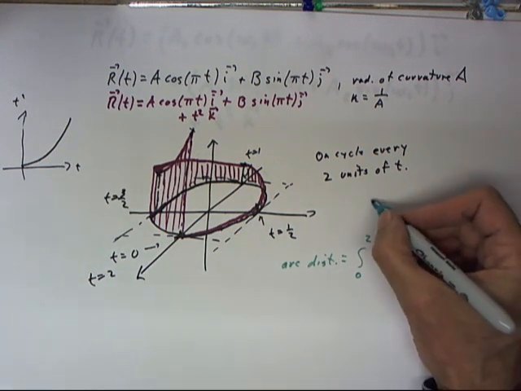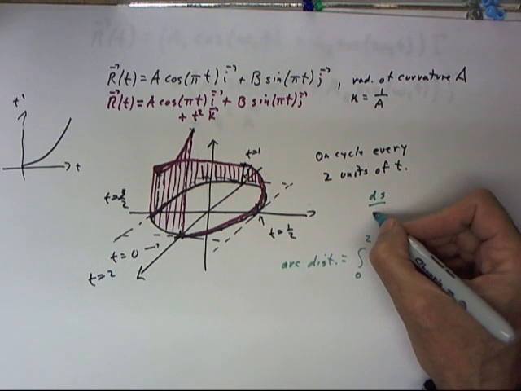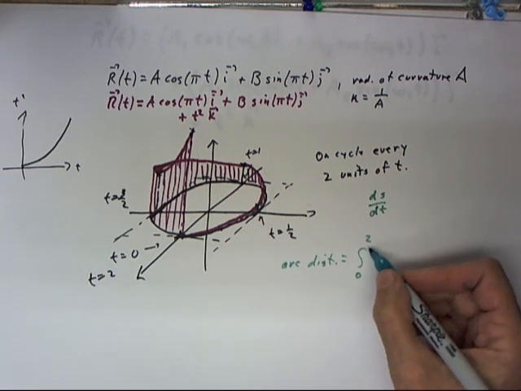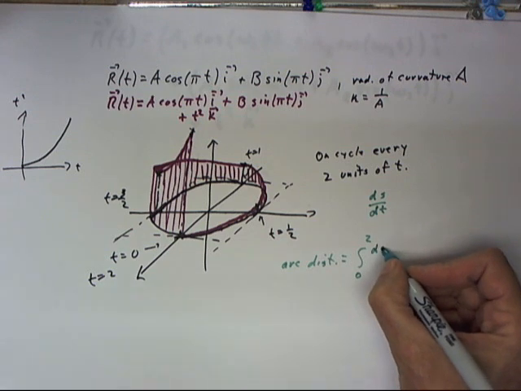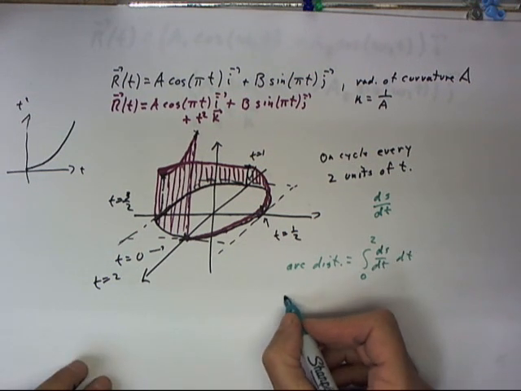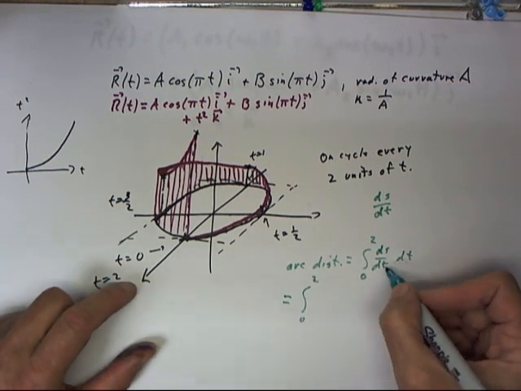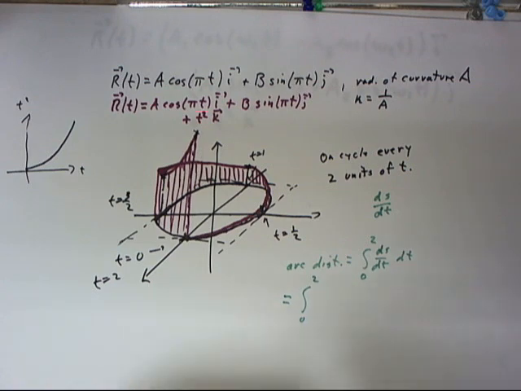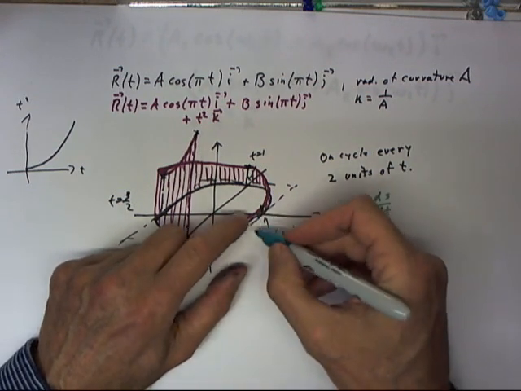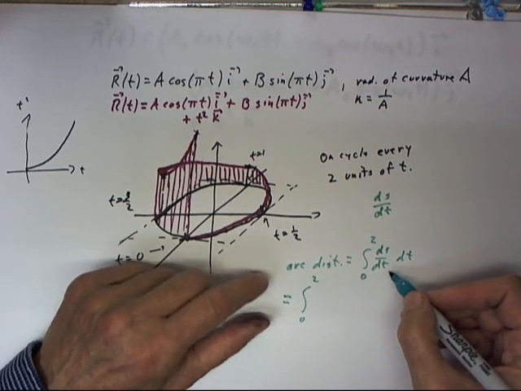Remember, the arc increment is ds dt, so we're integrating ds dt with respect to t from 0 to 2. What's ds dt? That's the rate at which position, distance along the curve, is accumulated with respect to t.